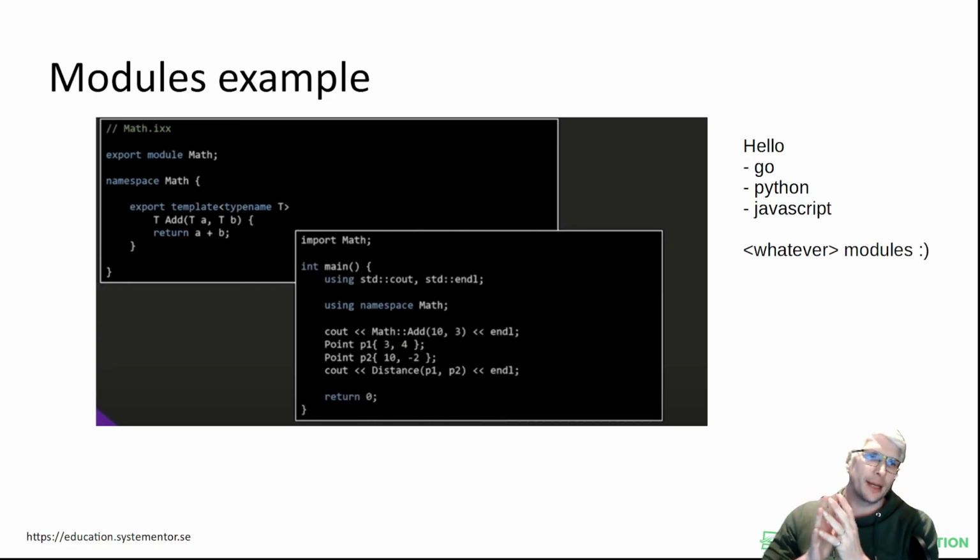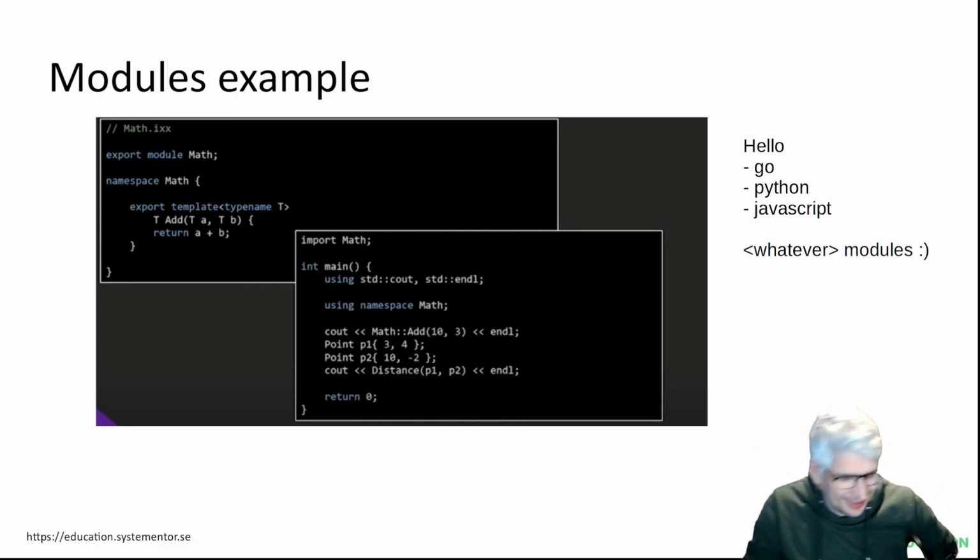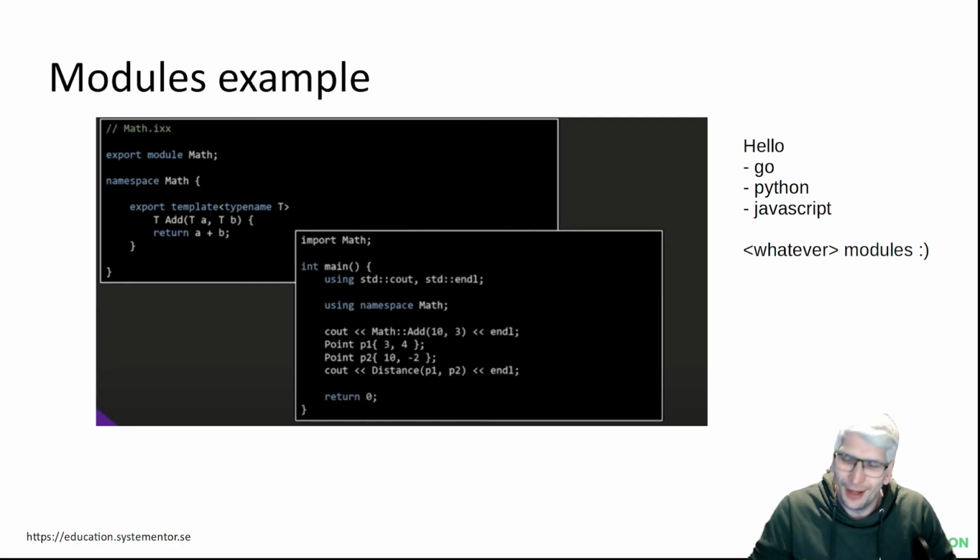You're starting up something new, but when you have your existing code base, someone tells you, okay, C++20 says you shouldn't use include. Yeah, okay, where to start? It's not that easy to just completely wipe out all your existing header files.